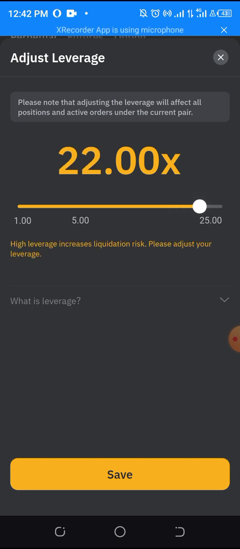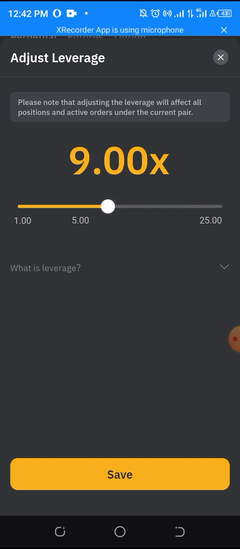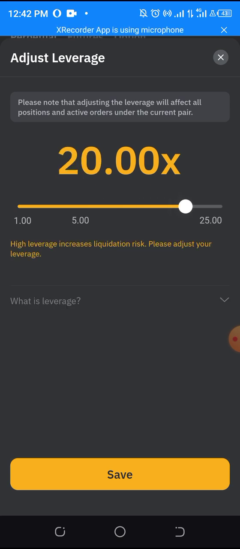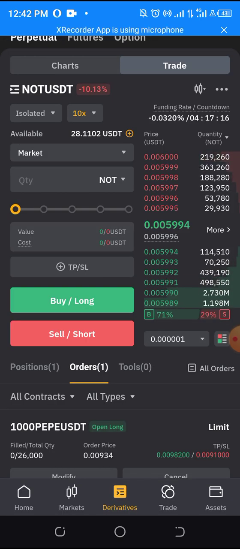Don't be tempted to multiply your leverage more than necessary, else you're going to be liquidated on time. The lower your leverage, the safer you are, although it depends on your risk appetite. But this video is just to show you how to set up and trade your derivatives.